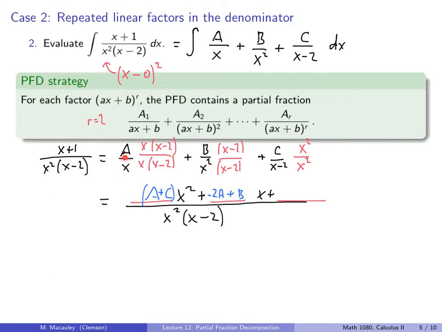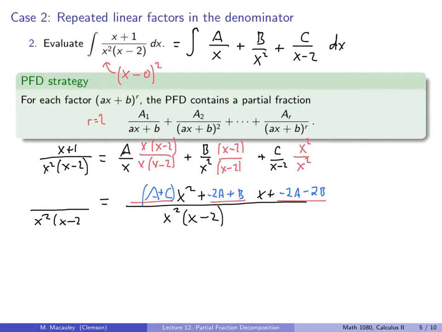I have a times negative 2, and I have b times negative 2. So I have negative 2a minus 2b, right?